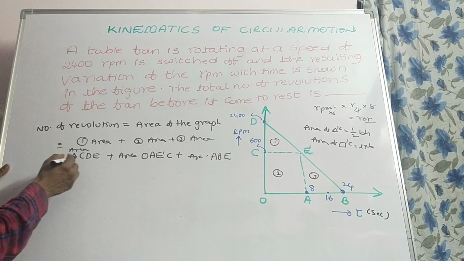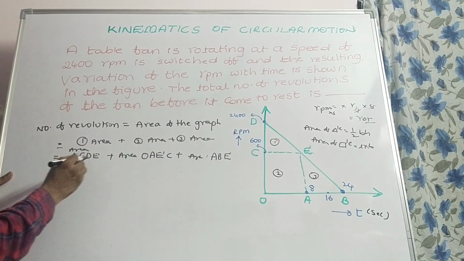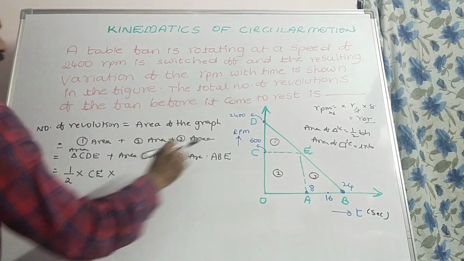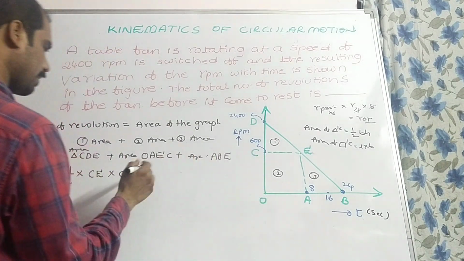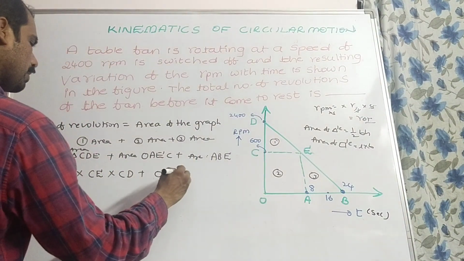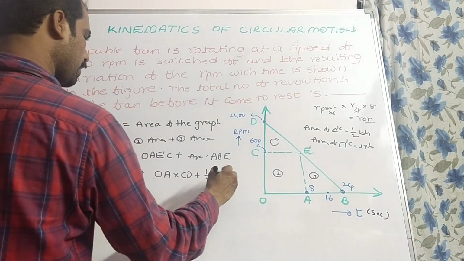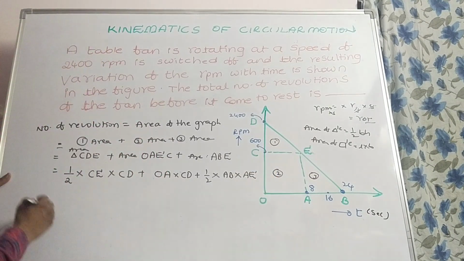That is equal to, for triangle CDE, half into base CE into height CD, plus length into breadth OA into CD, plus half into base AB into height AE.